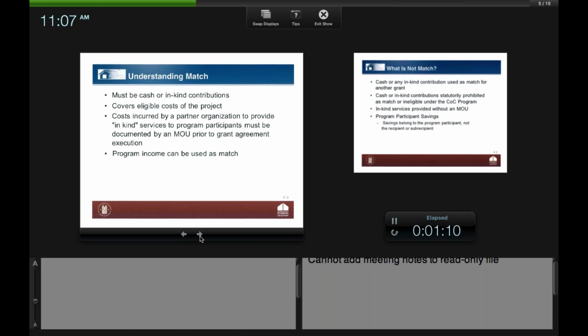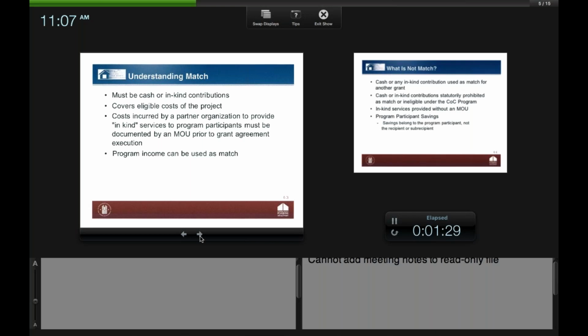Costs incurred by a partner organization must be documented, either for in kind or for cash, by an MOU, and particularly prior to the grant agreement execution stage.